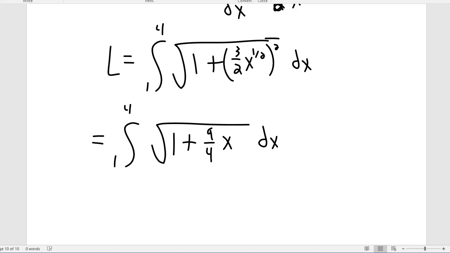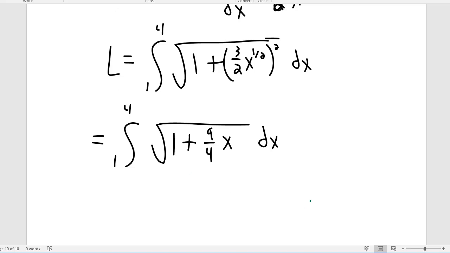We drew a triangle, labeled it, and used trig functions to substitute for variables. That was typically only the case when I had something quadratic, like 1 plus x squared, which would be a trig sub. But in this case, it's linear.